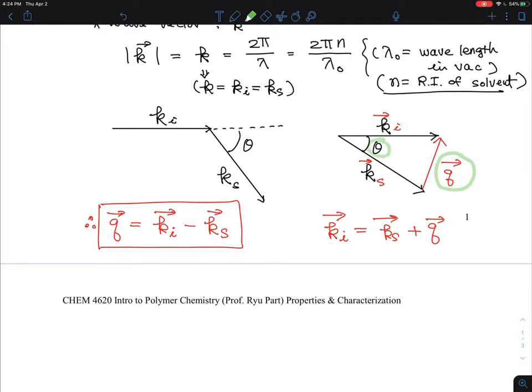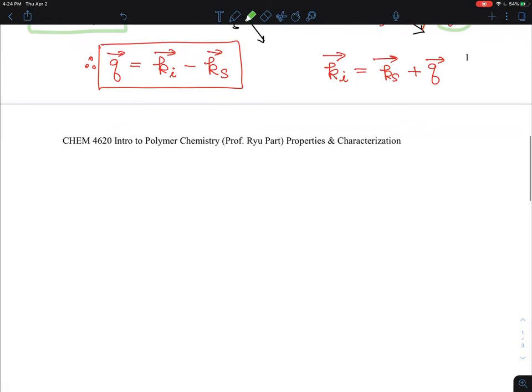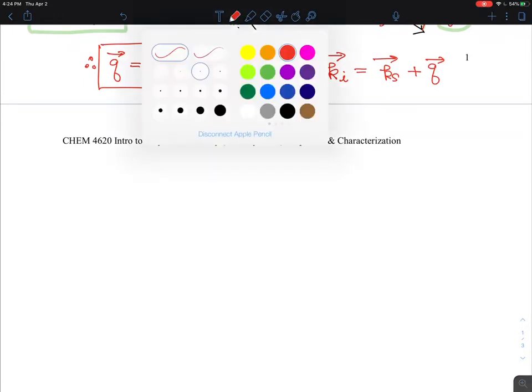And what people are really interested in for scattering Q is the Q. It is the magnitude of the scattering vector Q. Okay, so this is essentially the length of the red line shown up here. Okay, that's essentially the Q. So I am going to draw this one more time.